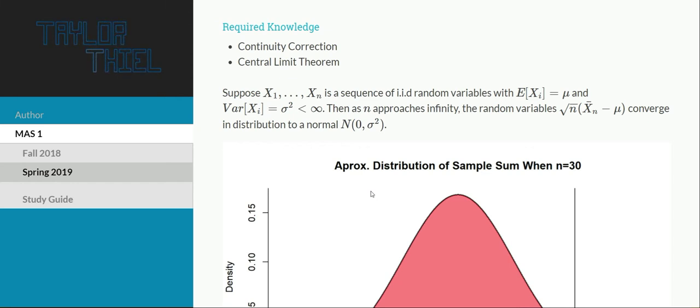So again, central limit theorem: suppose x1 to xn, a sequence of IID random variables with expected value of xi equal to mu, and the variance of xi equal to sigma squared, where it's less than infinity. Then, as n approaches infinity, the random variable square root of n times (x bar sub n minus mu) converges in distribution to a normal with mean 0 and variance sigma squared.